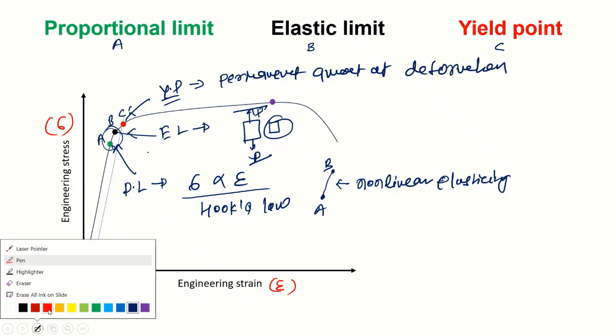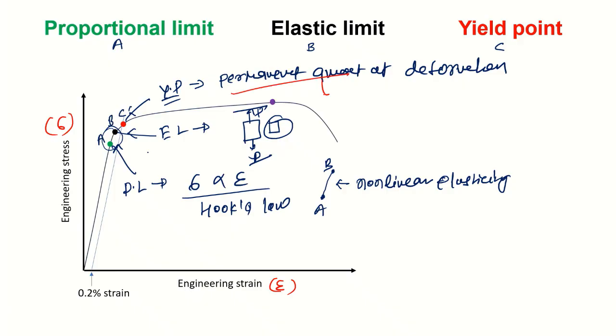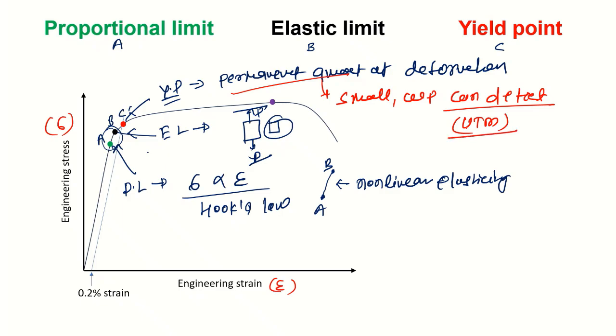This permanent amount of deformation here is small, but we can detect it through different techniques. One of the techniques is the UTM machine. We can do the tensile test and know the particular point.